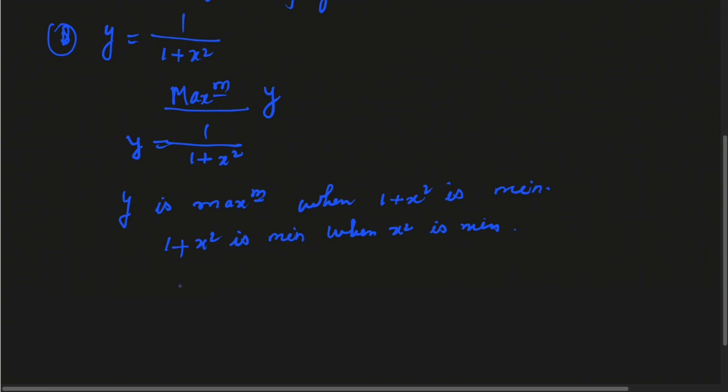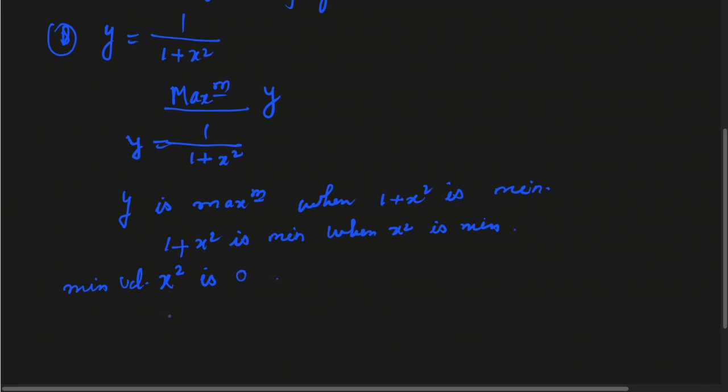And the minimum value of x square, you know, x square is a non-negative number. It is a square of any number, so it must be non-negative. So अगर ये non-negative number है तो the minimum value of a non-negative number can be 0. So the minimum value of x square is 0.